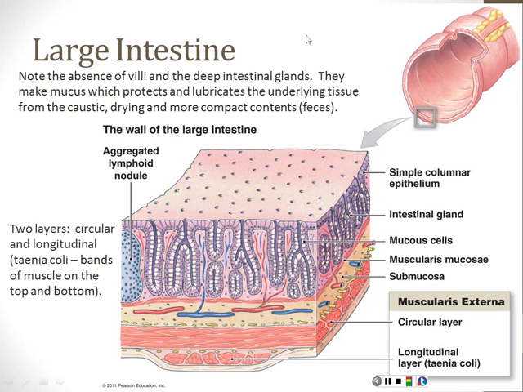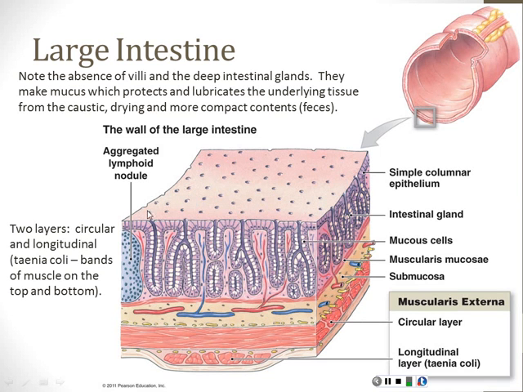So the way the large intestine evolved to handle that is it's got this smooth, flat surface, and then all the cells live underneath that surface. So as the feces pass by the top, that environment doesn't affect these epithelial cells as much. So similar in architecture, I think, to the stomach.